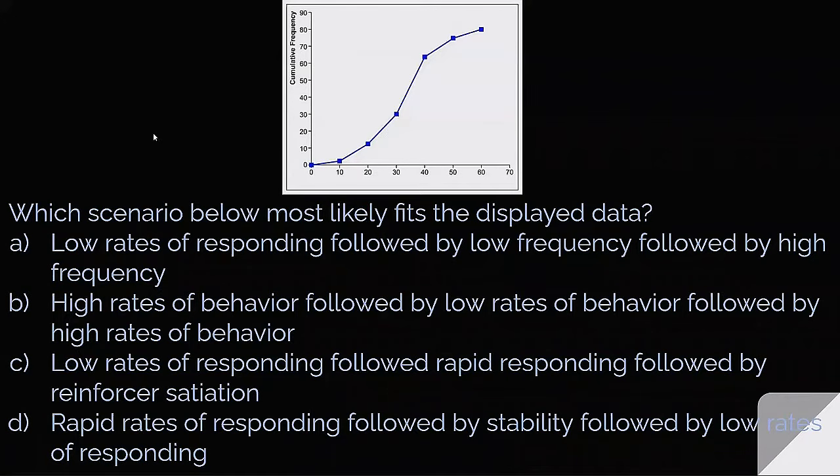B, high rates of behavior, followed by low rates of behavior, followed by high rates of behavior. C, low rates of responding, followed by rapid responding, followed by reinforcer satiation. And finally, D, rapid rates of responding, followed by stability, followed by low rates of responding. It's kind of just a graph about what that chart is generally saying.